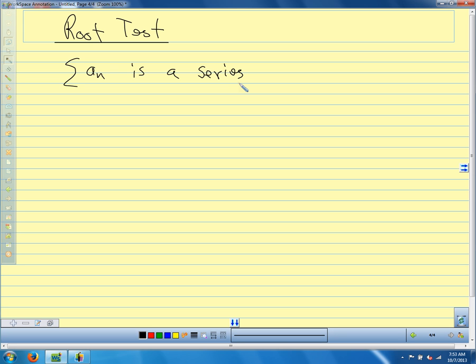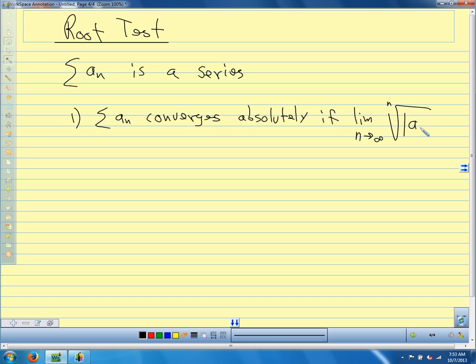So, the sum a sub n is an infinite series. It can have positive, negative terms, just like we talked about in the ratio test. We have three conditions again, or three outcomes. Our series converges absolutely, and we just look at a limit again, of the nth root of the absolute value of a sub n.